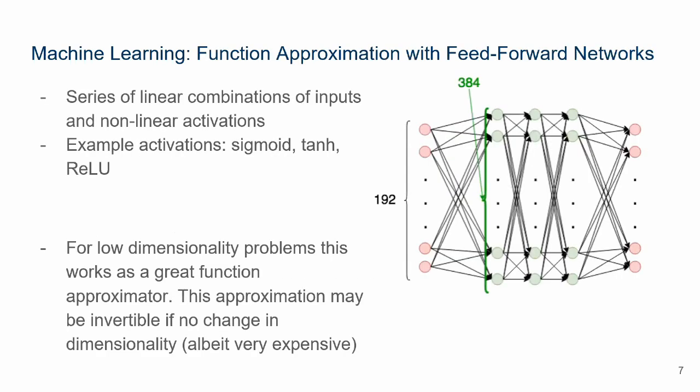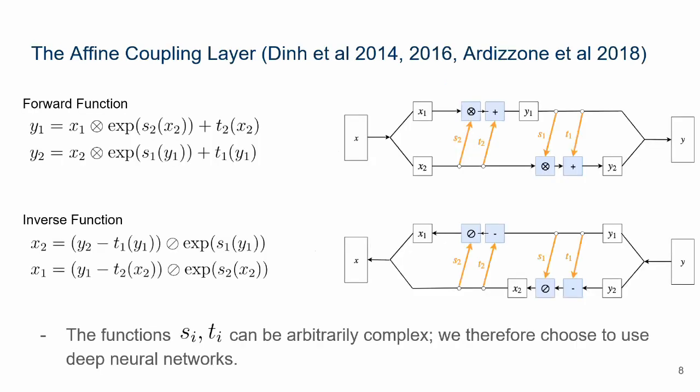I'm going to skip over that here because you all understand neural networks, I think. So there is a way, and this was some brilliant work originally by Dinh et al., where they basically said, we can compose any arbitrarily complex function, which doesn't need to be invertible, by using these affine coupling layers, which are explained either with equations or diagrams, depending on which you find easier to understand.